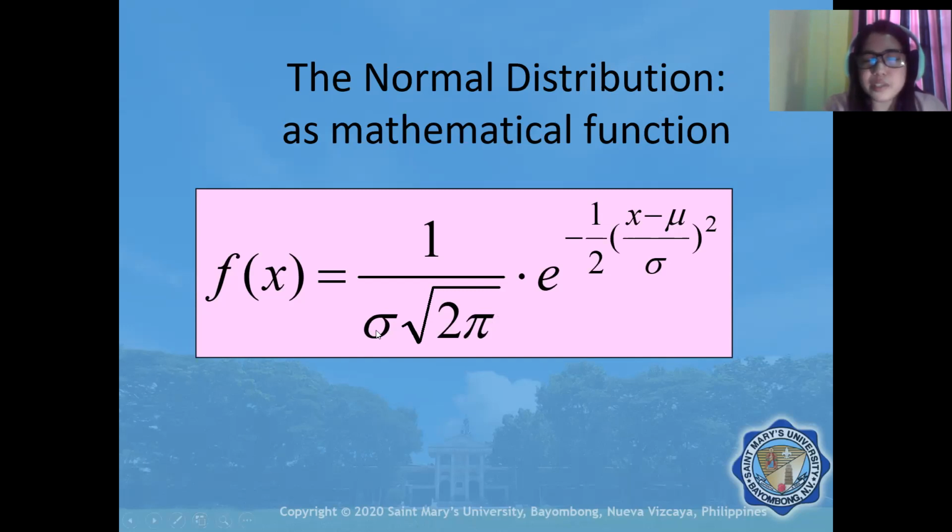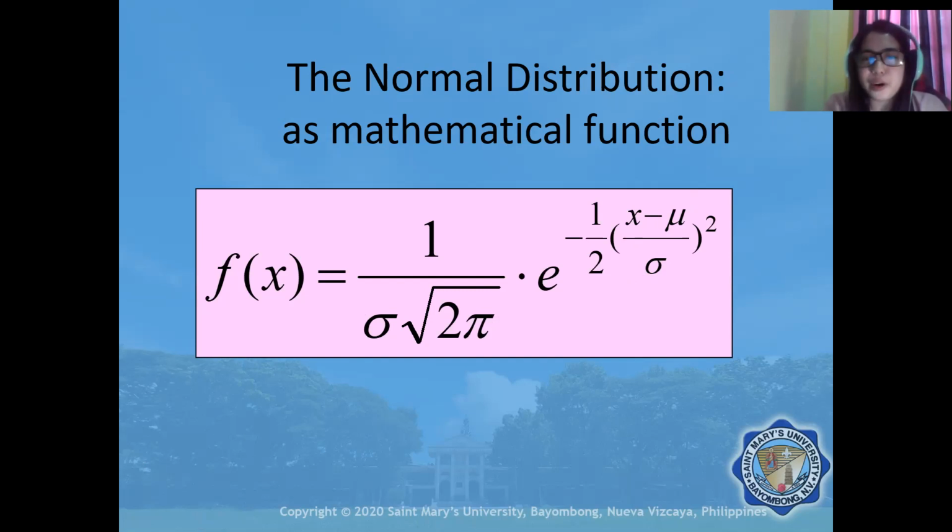The mu represents the population mean, while sigma represents the standard deviation.